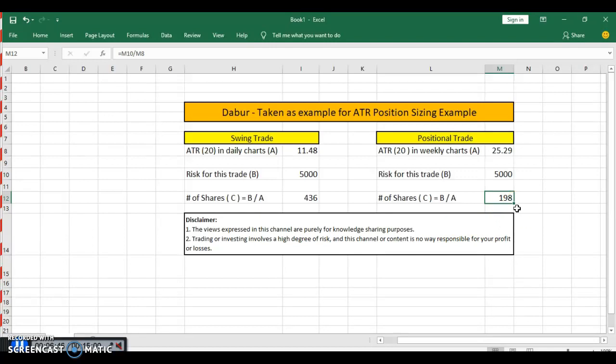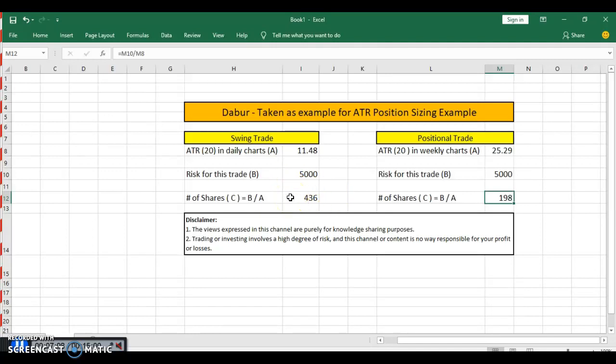By doing this, let's say I'm taking a swing trading entry, I'm only buying 436 shares. In case of any gap downs or any bad news in the market, my stop loss will not be hit 90% of the times, and in case of bad news in the market, I can exit.